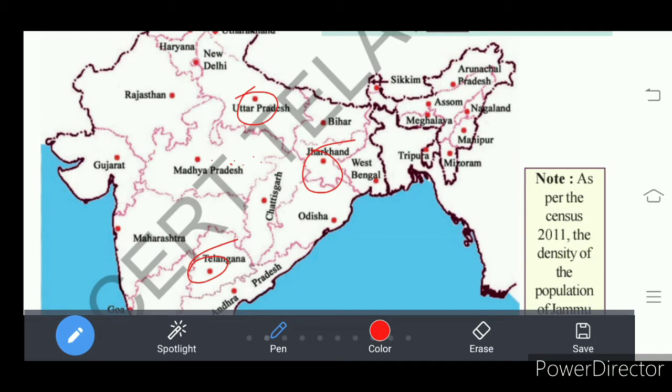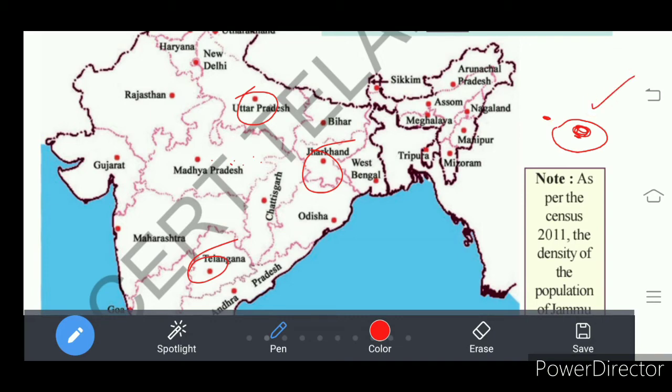For state capitals, we use a small black dot. If it is the national capital, a somewhat bigger black dot is used, and that is circled with one more line. I have shown it here.